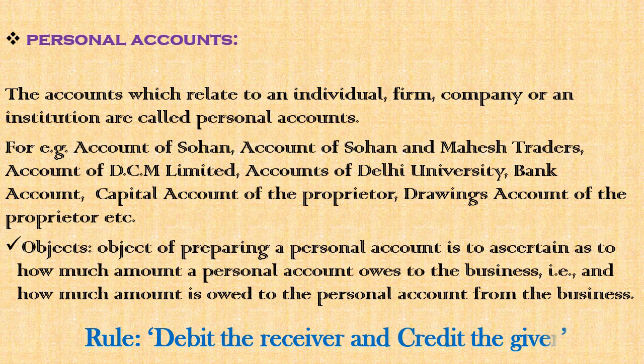The rule: debit the receiver and credit the giver. So in a personal account, whoever is receiving will be debited, and the one who is giving will be credited.